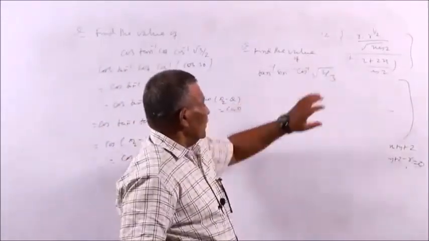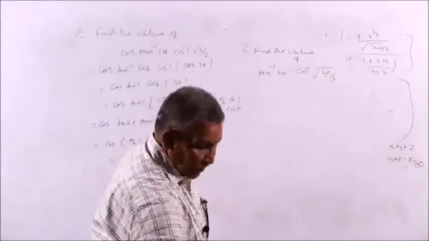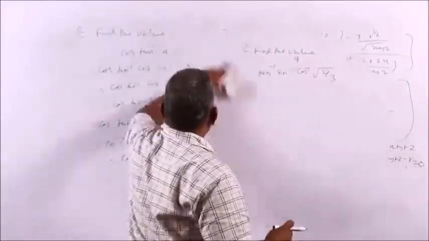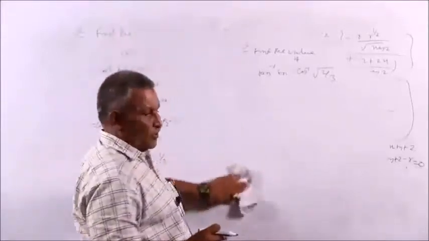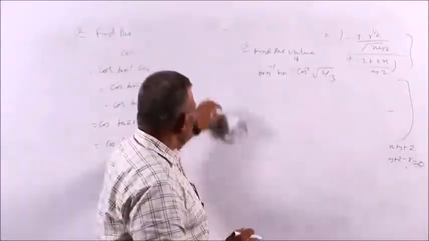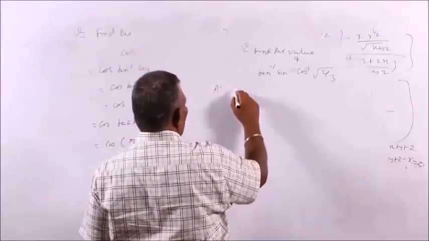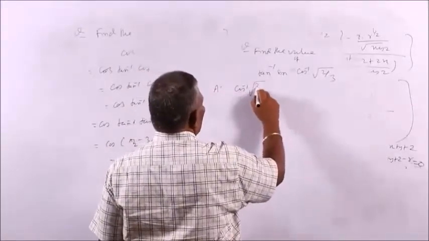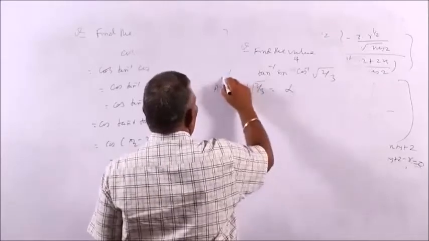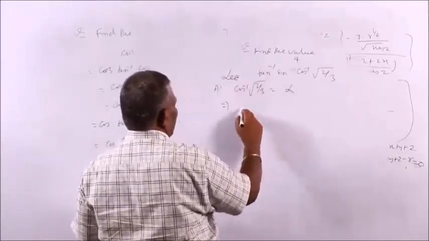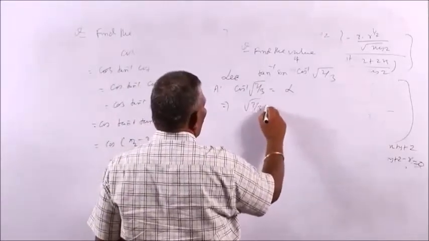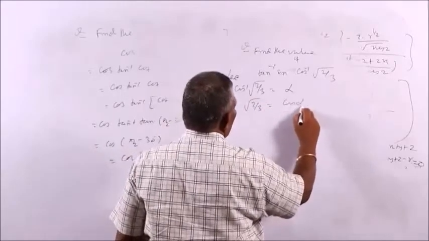So let's start from the right hand side. For that we will have to make a substitution. Cos inverse root over 2 by 3, let it be theta, or alpha, you can take any variable, no harm. Cos inverse root over 2 by 3 equals alpha. That implies root over 2 by 3 equals cos alpha.